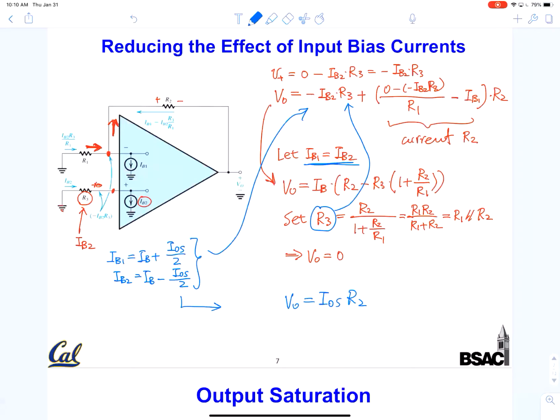Okay, so I offset is about 10% of IB. So we have reduced the impact by about 10 times. Okay, it depends how well we can match these transistors. So it's not completely eliminated, but it's substantially reduced by an order of magnitude.